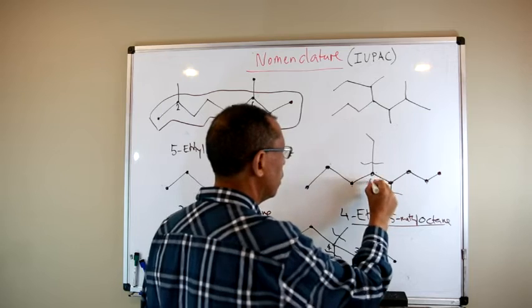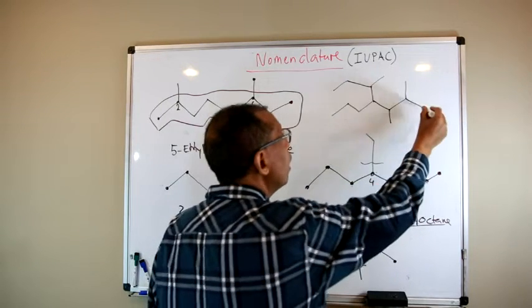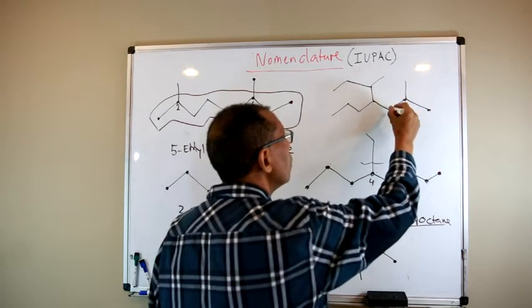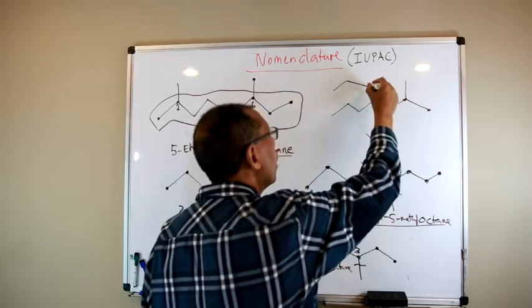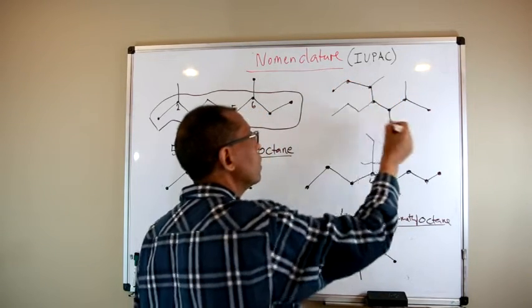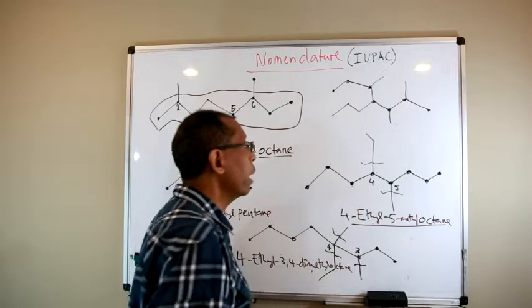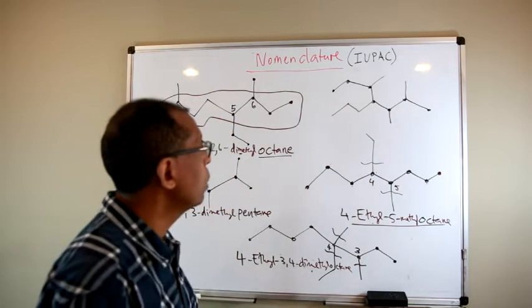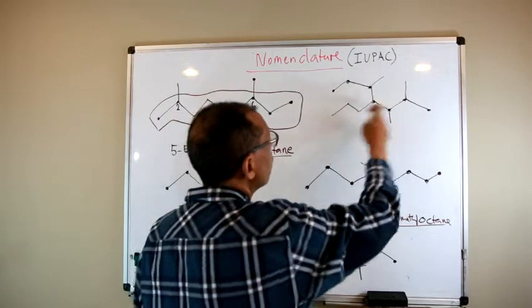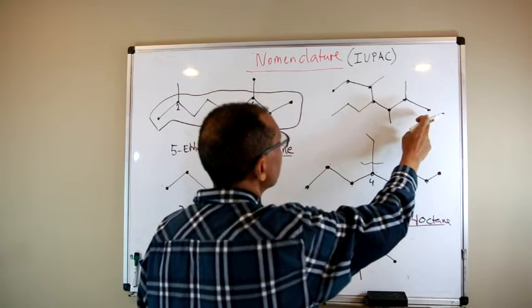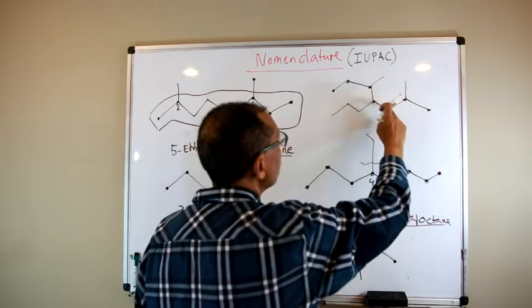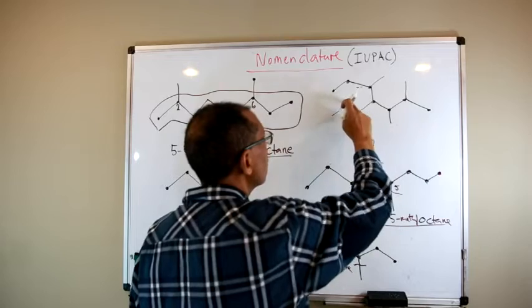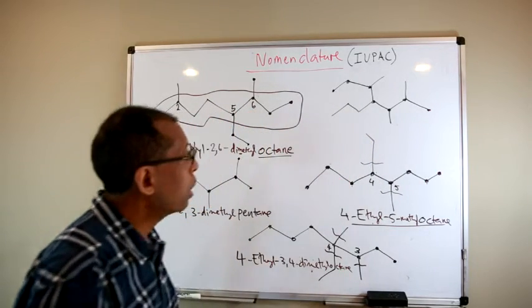So this is 4 and 5. 1, 2, 3, 4, 5, 6, 7. If you just go there, it is a heptane compound. If I go straight up to here, for example, 1, 2, 3, 4, 5, 6, 7 as well. Oh, okay.